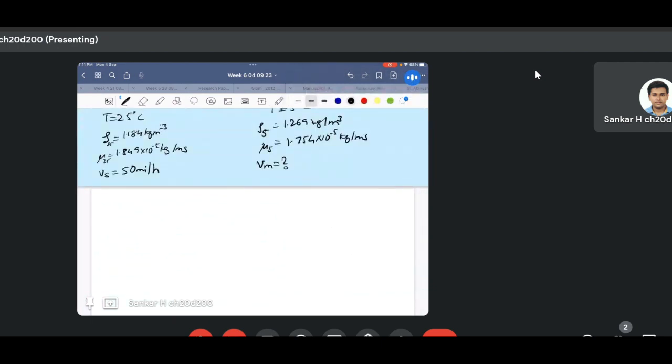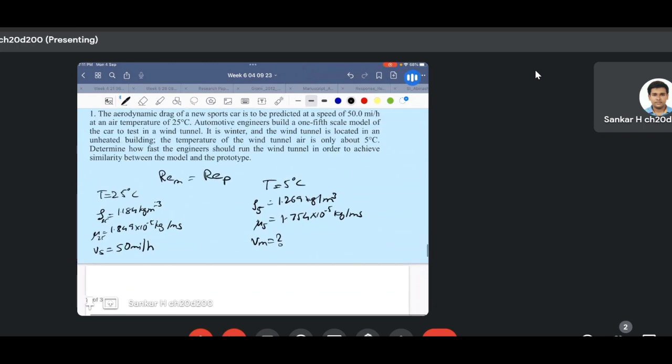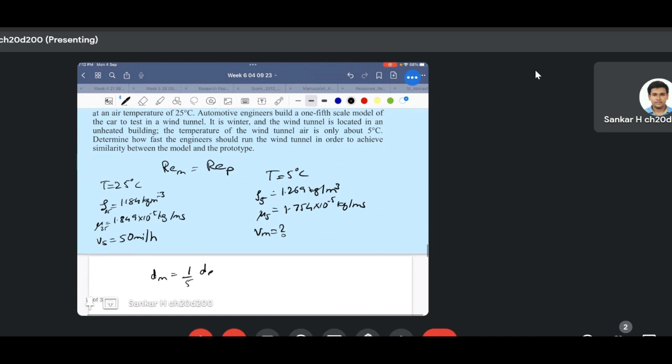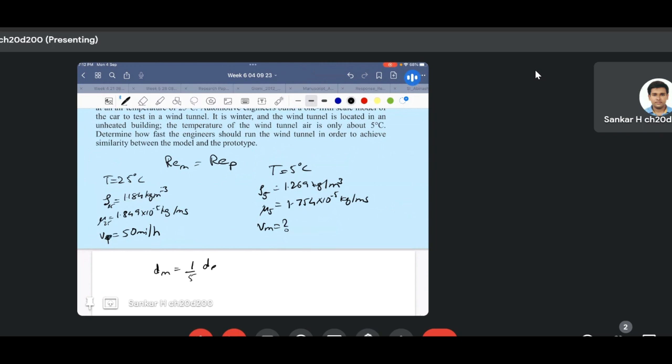Therefore, the diameter of the model in the wind tunnel should be equal to 1/5 of the diameter of the car, and the prototype is the sports car here.